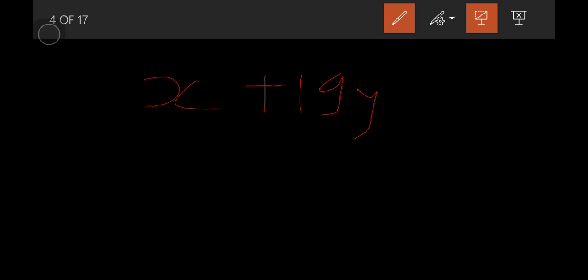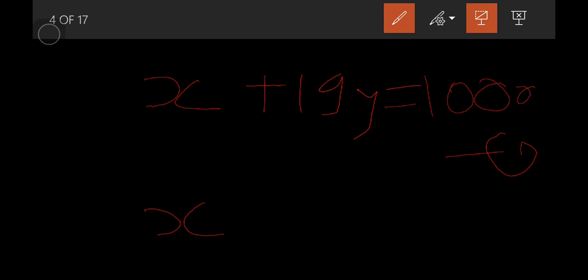So for 1 day it is X rupees, and for 19 days 19Y, and she paid 1000 rupees. So it is equation number 1. About B, he paid for 26 days, means the first day is fixed plus 25 days for per day charge, and he paid 1180 rupees. So it is equation number 2.